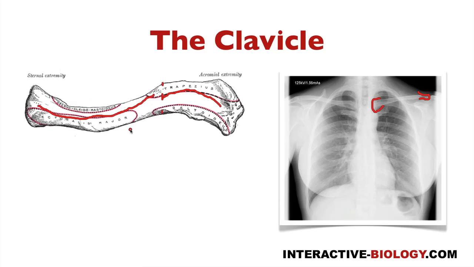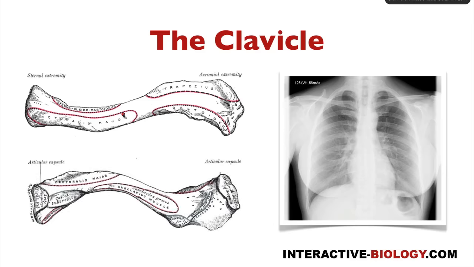So what I'm looking at here is the superior surface of the left clavicle. So this is looking from the top down. So let's look at the inferior surface, which is what you see here. So I'm basically just taking this one and flipping it over. And I want to point out a few structures.